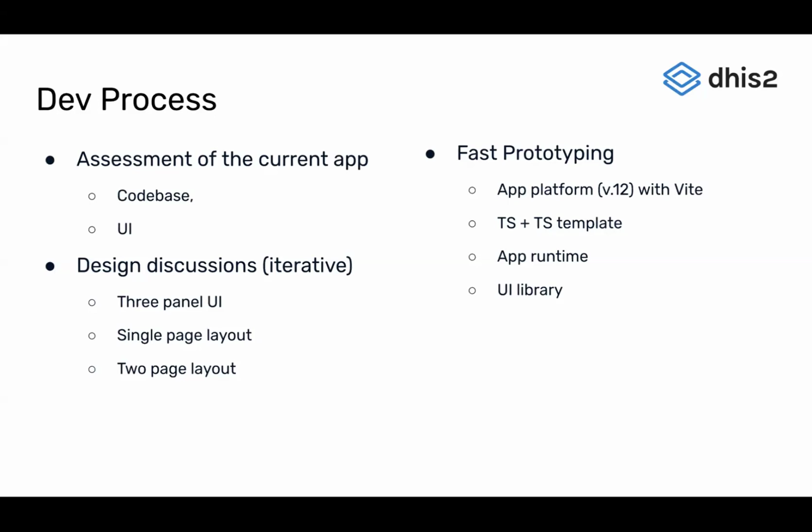That takes me into steps 2 and 3, which were the design discussions and the prototyping phase. Now, these 2 steps were quite iterative. The design and development teams sat down and had deliberate design discussions.